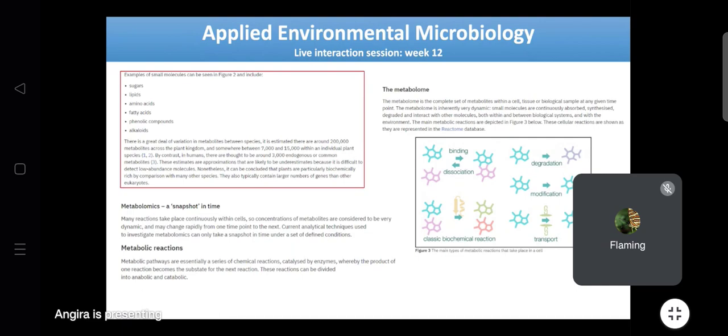It can also be degradation of one metabolic molecule into two or more parts. Sometimes it can be modification of a metabolic molecule. Sometimes it can be transport of the molecule to and from the cell, or interaction of the metabolic molecule with others outside or inside the cell. So basically, this is what a metabolome is.